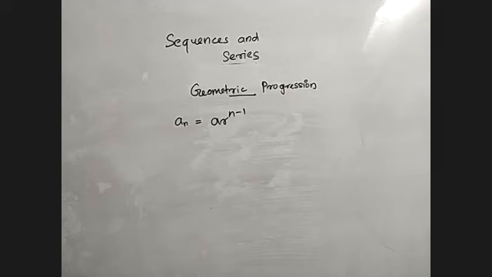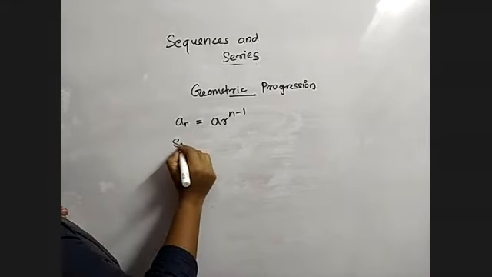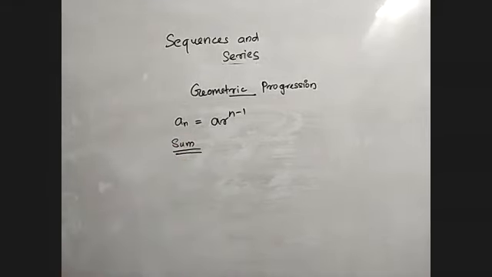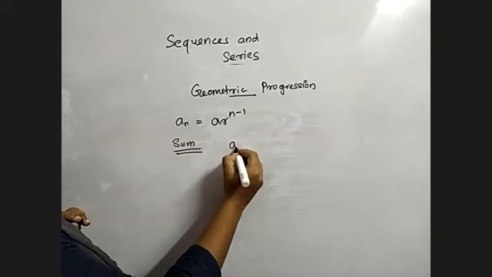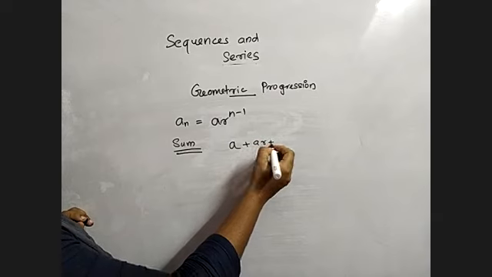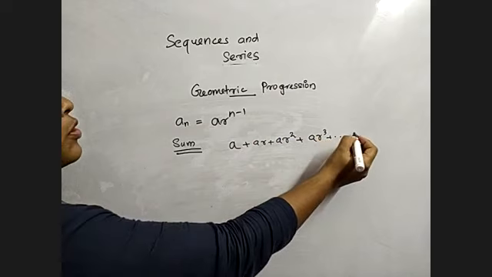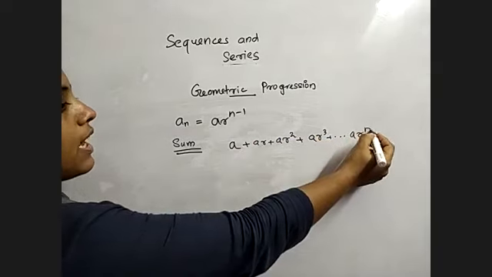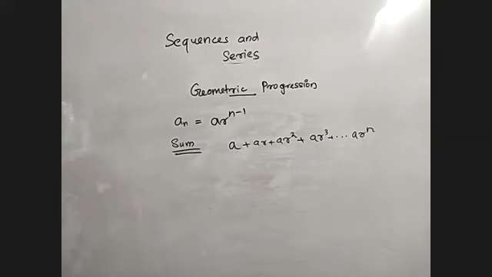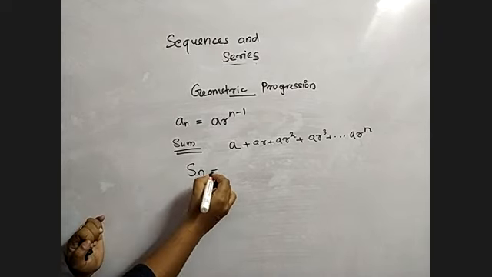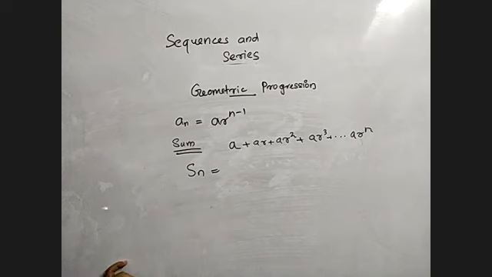Now, next thing is the sum of the terms of a geometric progression. What is the formula for finding the sum? Suppose they are asking us to find the sum of a plus ar plus ar square plus ar cube, etc., up to ar raised to n minus 1.